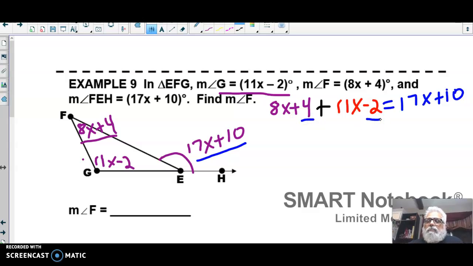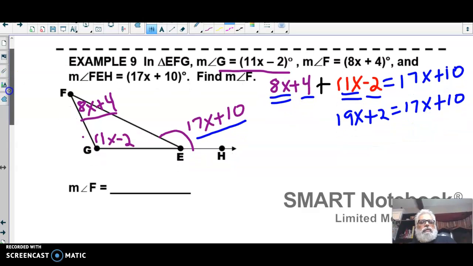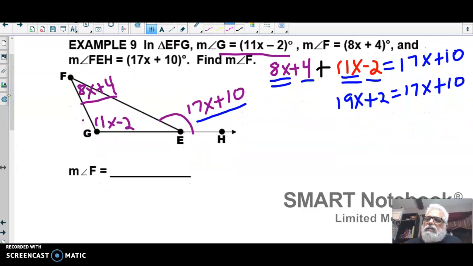I'm going to go ahead and add up my like terms. My x's are 19x. My numbers come out to plus 2 equals 17x plus 10. Now I like to move my x's to the left. So I'm going to take my x's and move them to the left.